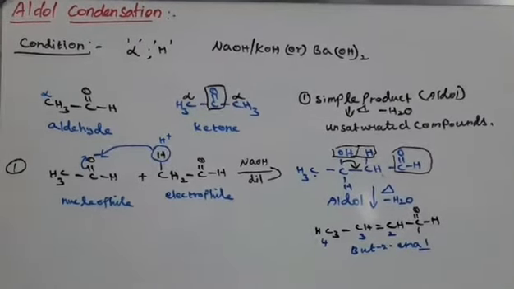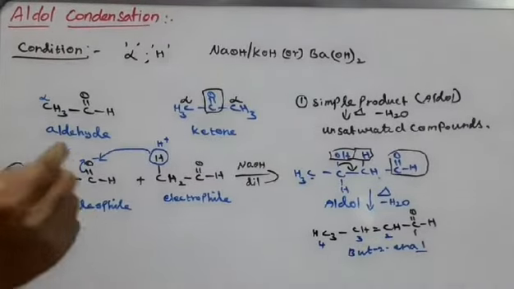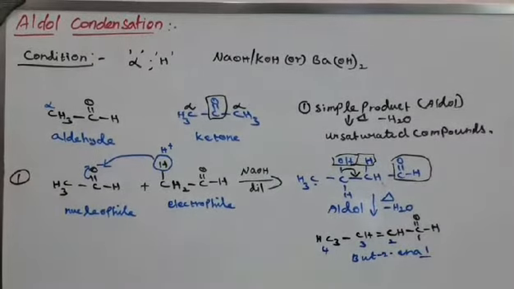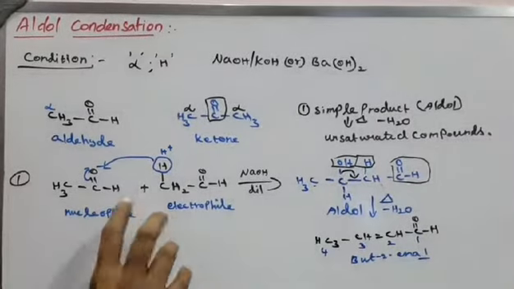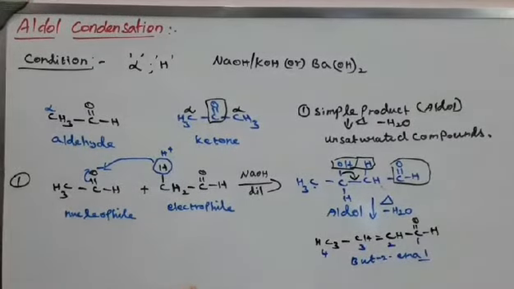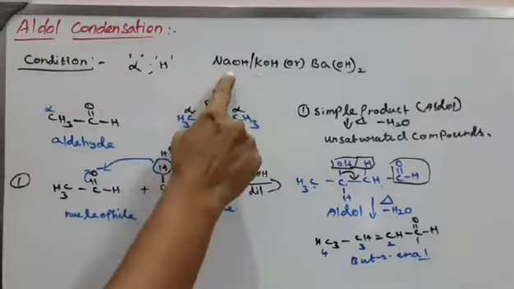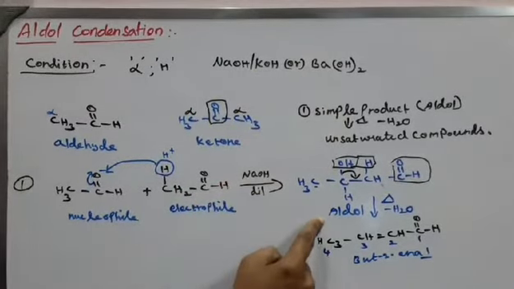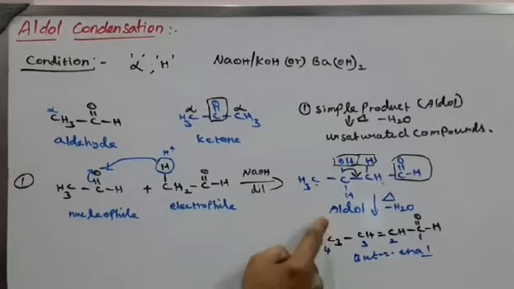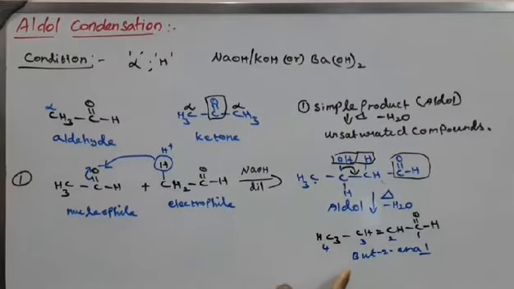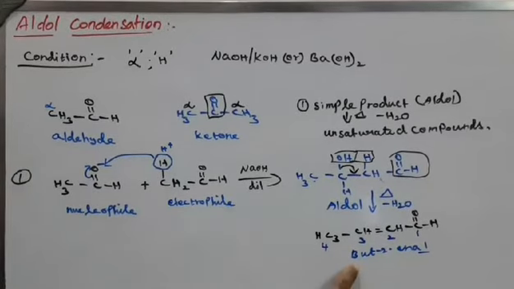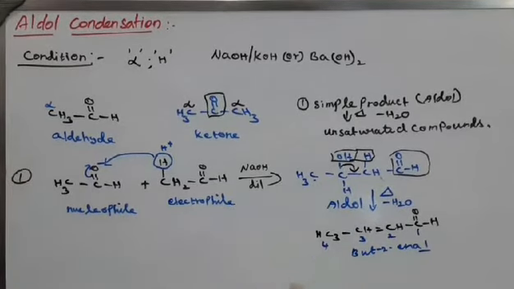So aldol condensation means we require aldehydes or ketones containing an alpha hydrogen atom. Those undergo aldol condensation in the presence of alkali like sodium hydroxide or barium hydroxide to form a simple product. That simple product undergoes an elimination reaction to produce the unsaturated compound.